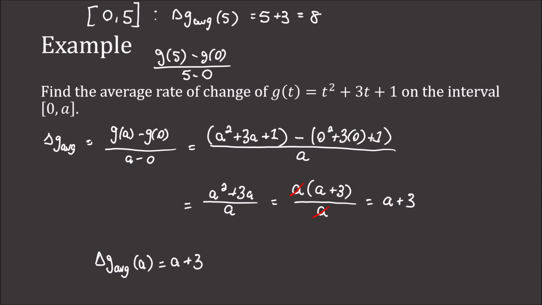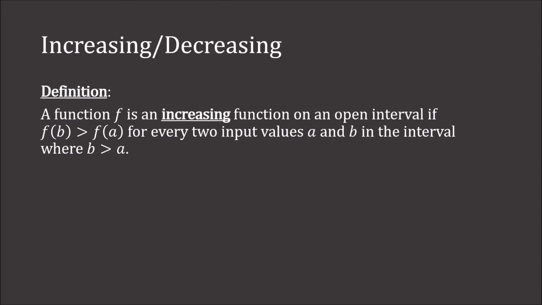So now let's look at behaviors of graphs and begin with increasing and decreasing. So we say a function f is increasing or is an increasing function on an open interval if f of b is greater than f of a for every two input values a and b in the interval where b is greater than a.